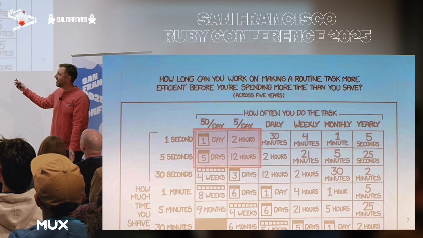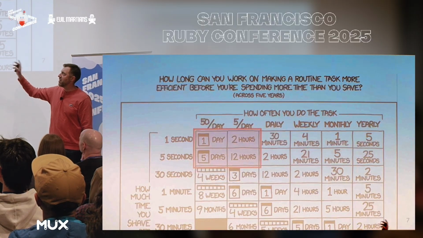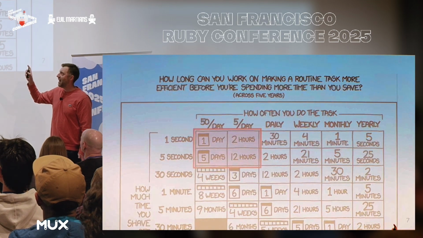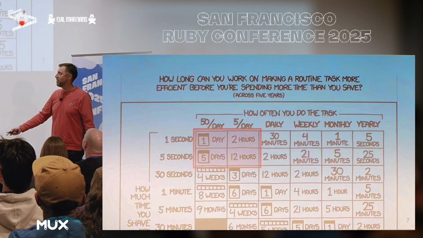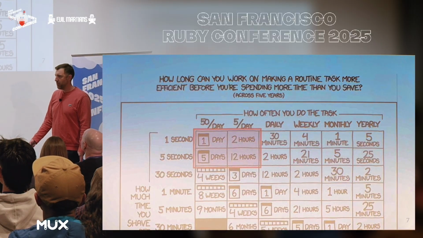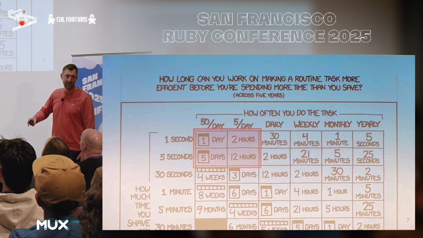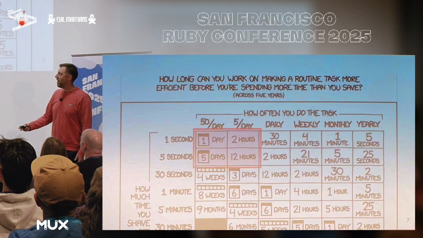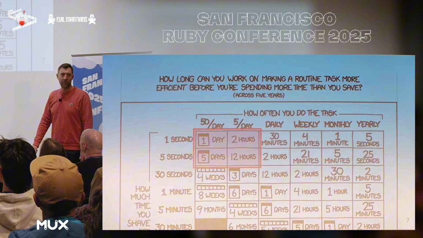Obligatory XKCD. If you can shave off 1 second and you're running that 50 times a day over 5 years, that will be a day's worth of time. So if you spend a day making that better, it's worth it. All of the stuff I'm going to be talking about today is commands that you're running during development all the time, so you're in this sweet spot in the upper corner where you are netting out positive.